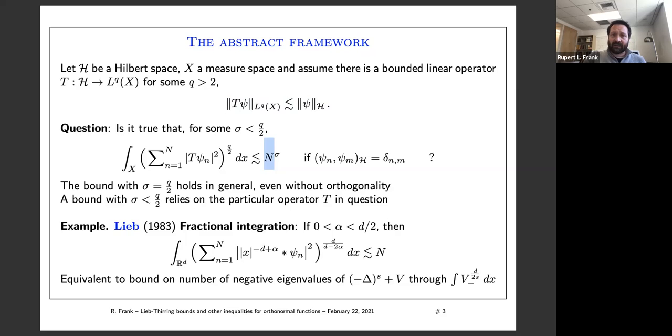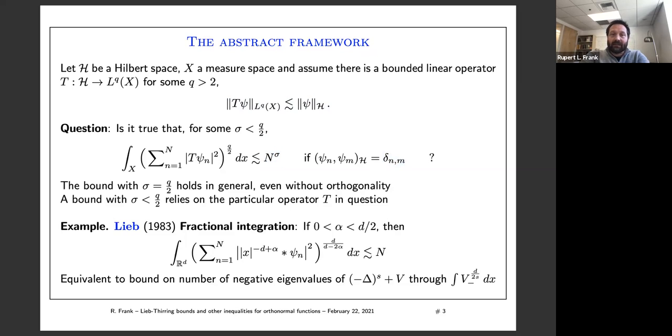So that's a trivial thing. That's the argument that does not use orthogonality. That's the situation in the physical picture where all the functions sit on top of each other. The question is, if we have orthogonality now, can we do better than n to the Q over 2? Can we reduce this to a certain power sigma smaller than that?